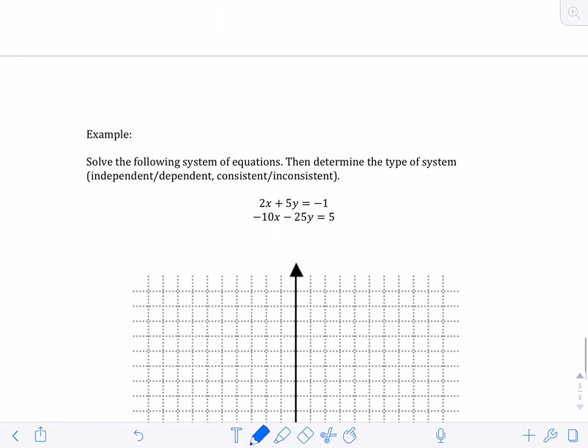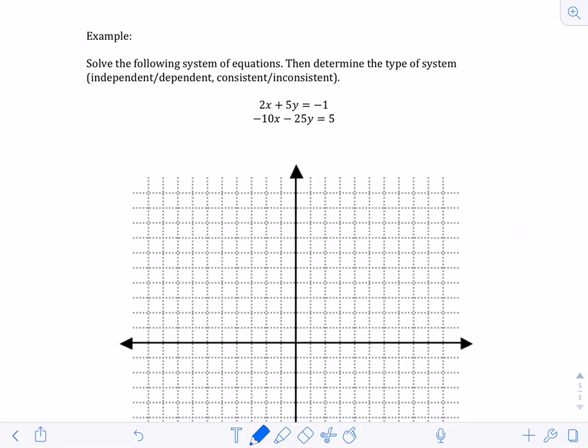Now, let's take a look at one more example. Solve the following systems of equations and then determine the type of system that it is. Well, okay. This looks like a good case for elimination for the simple fact that all we have to do is multiply this top one by 5 and we can get our x's to be eliminated.